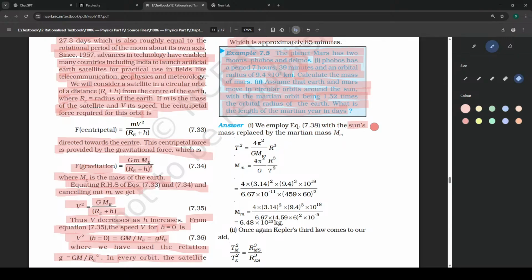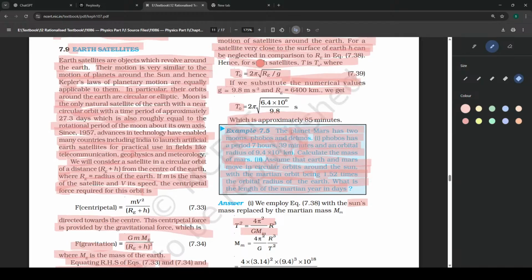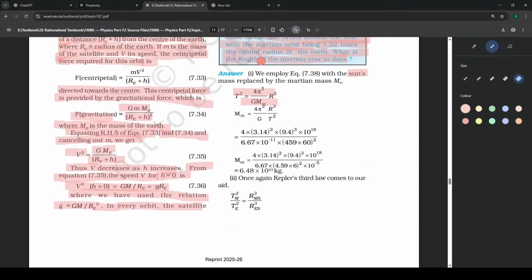We replace Earth mass by Martian mass, not the Sun's maybe. Anyways, we will get this equation. Now we substitute the values here.